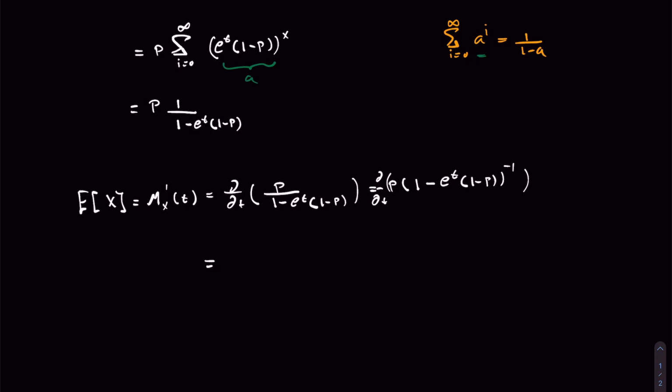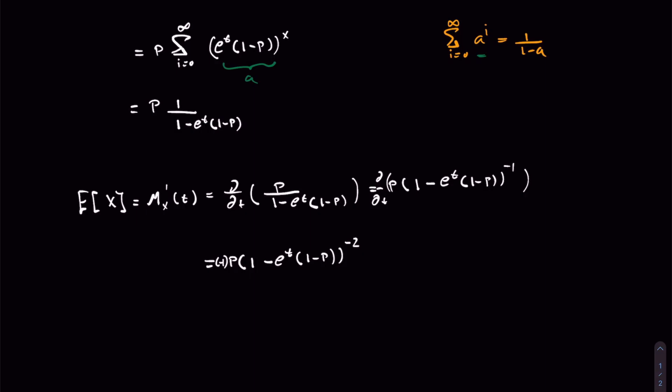So we have an expression inside here, and we have a minus sign. Let's start by taking the derivative of the outer function. That's just (1 minus e to the t (1 minus p)) to the power of minus 2, and then minus 1 jumps down.